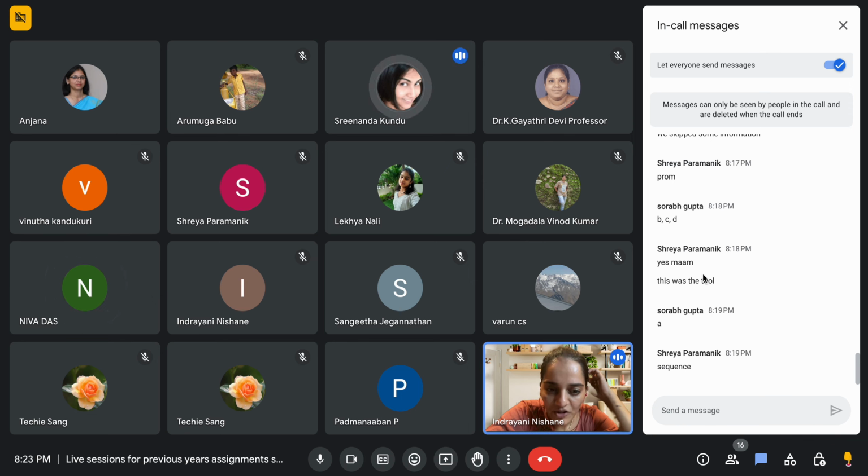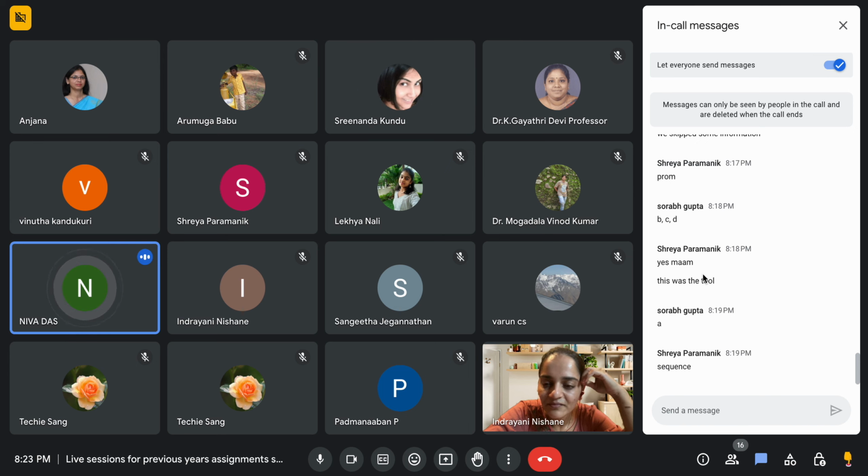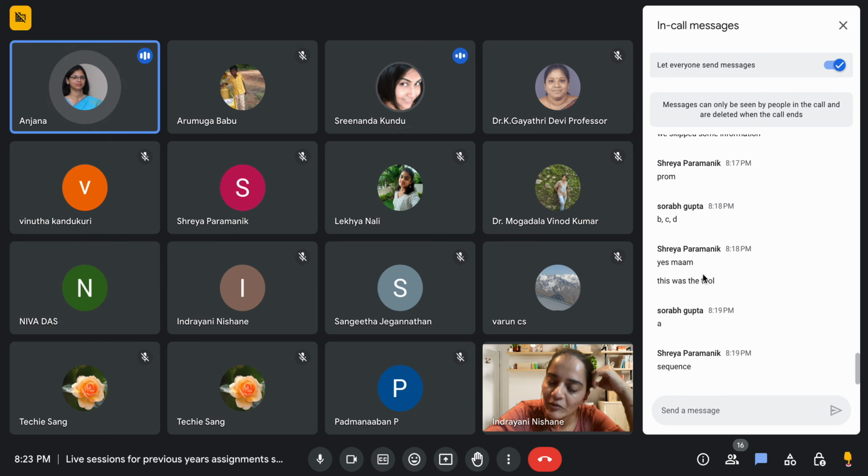Yeah, can somebody then show me the input files? Yeah, that's what I'm saying. Just show me the input file.